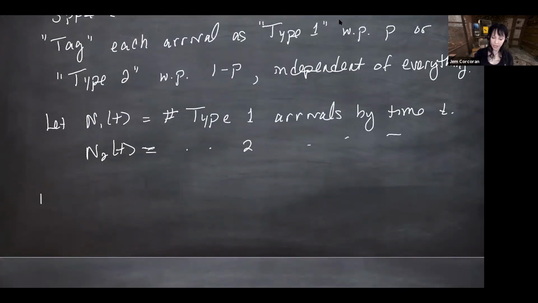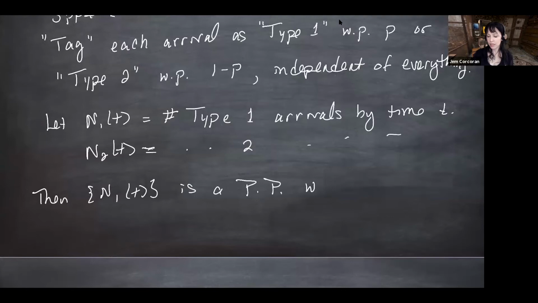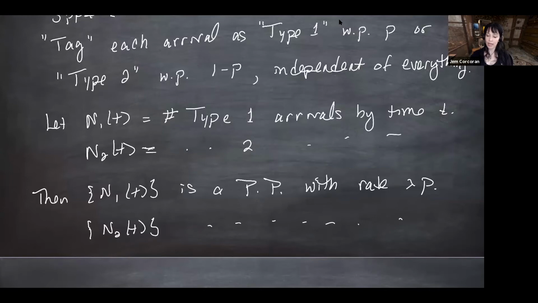So the conclusion here is that N1 of t is a Poisson process with rate lambda times p, and N2 of t is a Poisson process with rate lambda times 1 minus p. And I'm sure you can imagine how that would generalize. If there's k of them, I would have a lambda times p1, a lambda times p2, all of the p's.